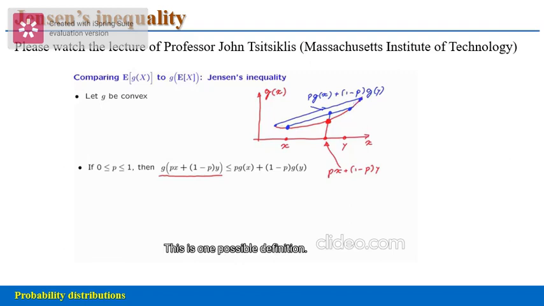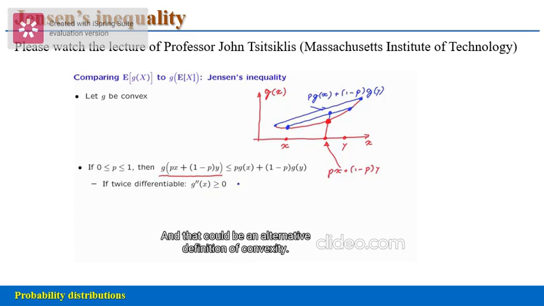This is one possible definition. Now, in terms of a picture, we see that a convex function tends to curve upwards. This means that the derivative, or the slope of the function, keeps increasing. An increasing slope means that the second derivative of that function is non-negative. And that could be an alternative definition of convexity.